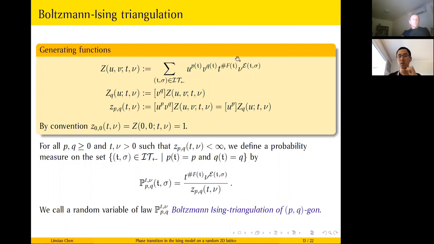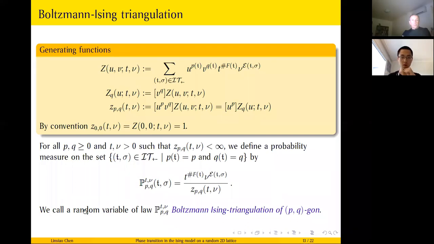So p boundary with spin plus and q boundary with spin minus. If this number is finite, we can renormalize the weight by this number and define a probability distribution.